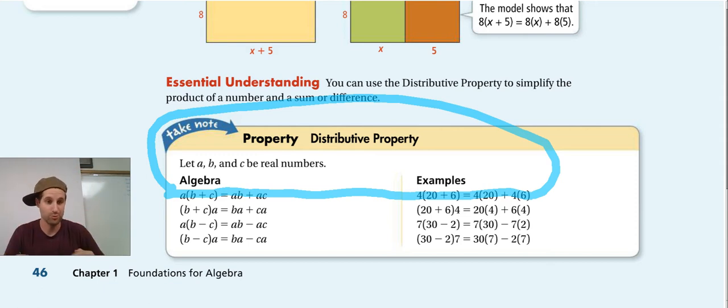The three examples below show a similar thing. We can still distribute it if it's in front or behind, but when it's right next to the parentheses, we multiply it into each piece on the inside. Okay? Let's take a look at a couple examples.